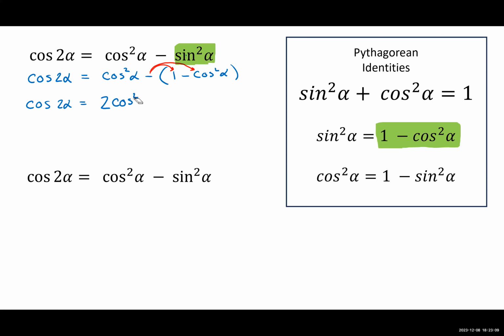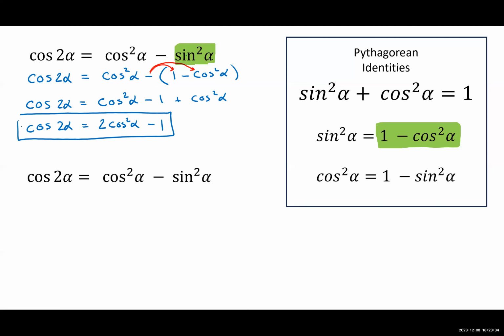I'll just write it all out. It doesn't take too much extra time. So that'll be cosine squared alpha minus 1 plus cosine squared alpha. So the cosine of 2 alpha, we've got 2 of these cosine squares, is 2 cosine squared of alpha minus 1. So this is an alternate version of the double angle formula for cosine.